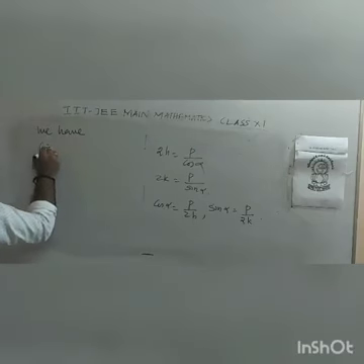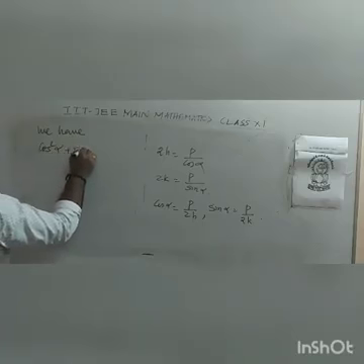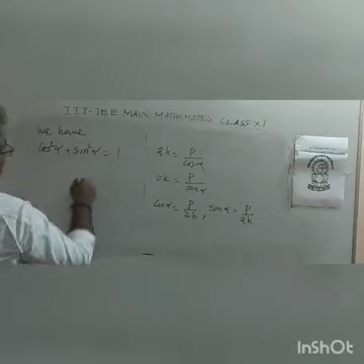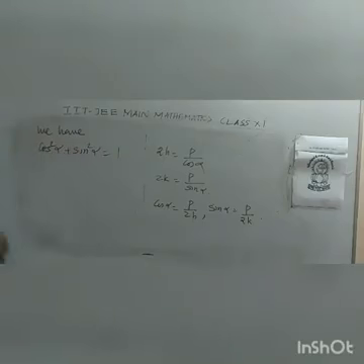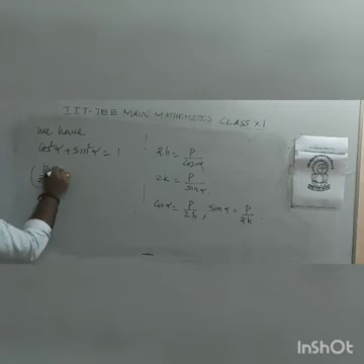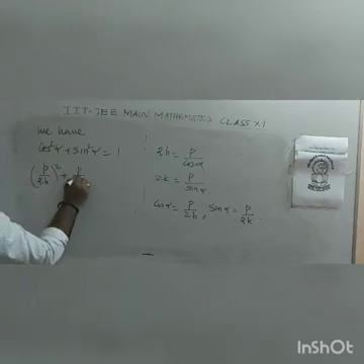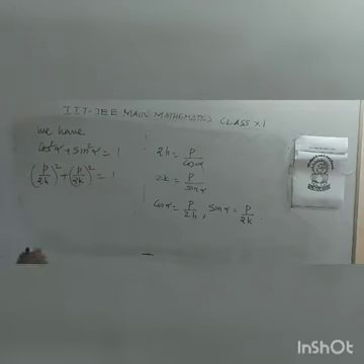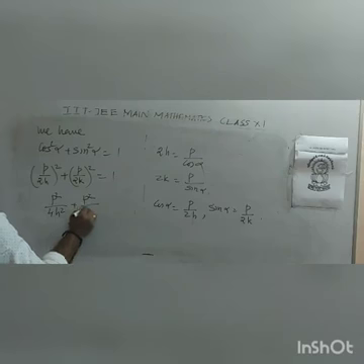We have cos square alpha plus sin square alpha equal to 1, so p by 2h whole square plus p by 2k whole square equal to 1, p squared by 4h squared plus p squared by 4k squared equal to 1.